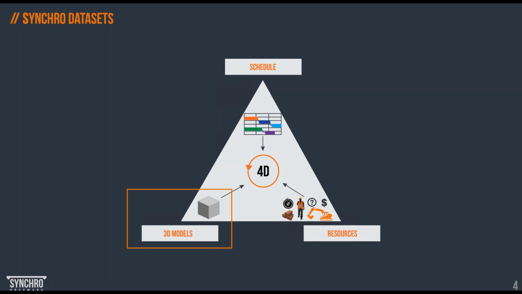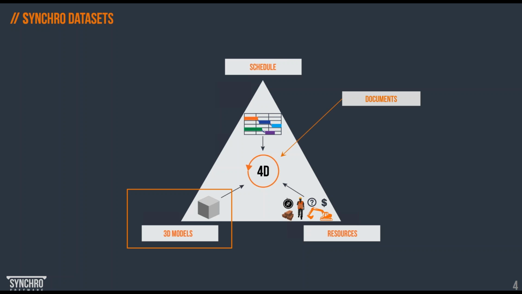What we are adding to this equation is the 3D model information, so 3D geometry plus attributes associated with those objects, so we can do our planning more parametric, more model-based, and that's the real benefit of using this kind of tools.